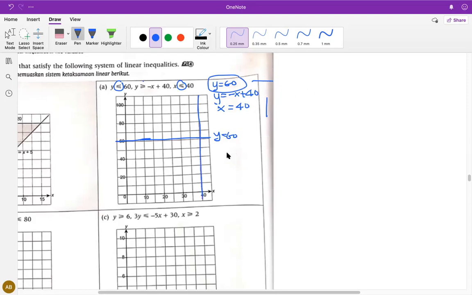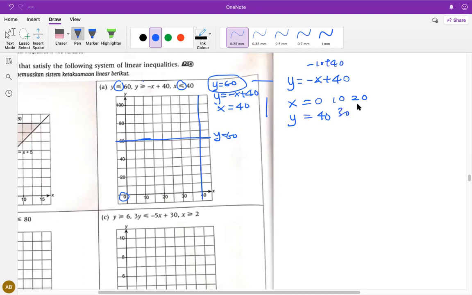And then for this straight line, y equals negative x plus 40, we just substitute 0, 10 and 20 for x. When you put 0 in, you get 40. When you put 10 in, negative 10 plus 40, you get 30.